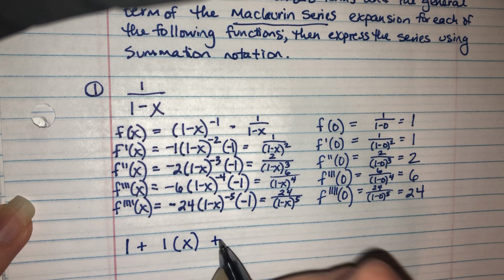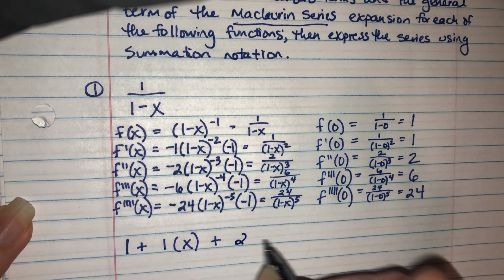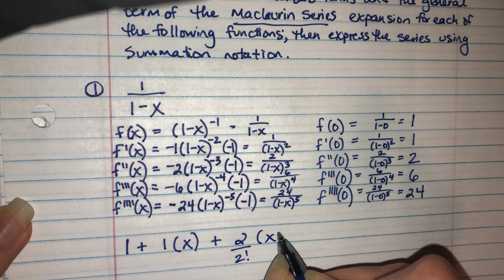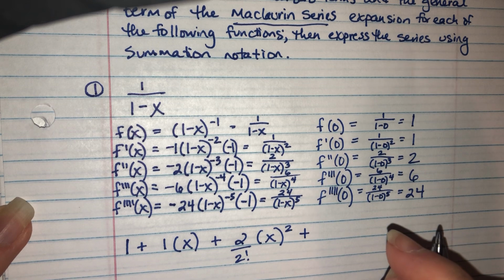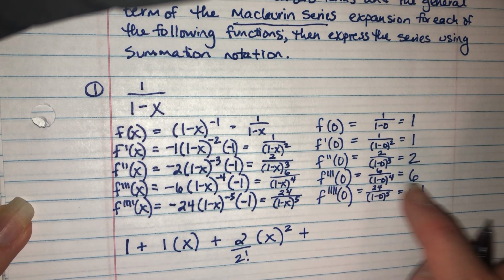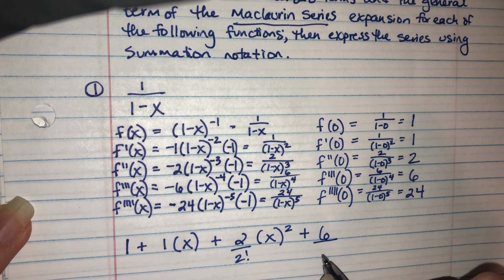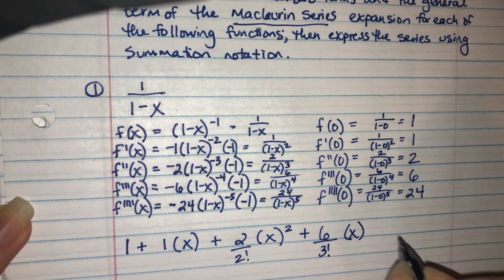And then my next term is the second derivative evaluated at 0, which is 2, over 2 factorial times (x minus 0) squared. The fourth term is going to be the third derivative, which is 6, evaluated at 0, over 3 factorial times (x minus 0) raised to the 3rd power.